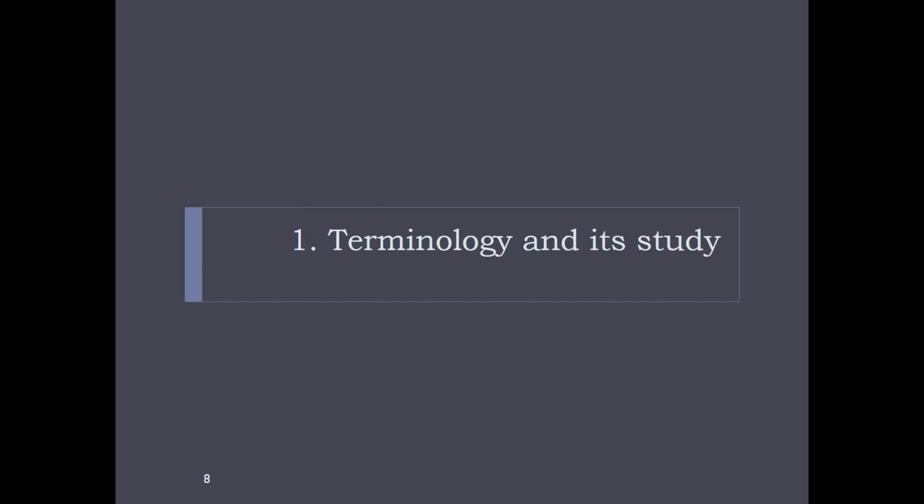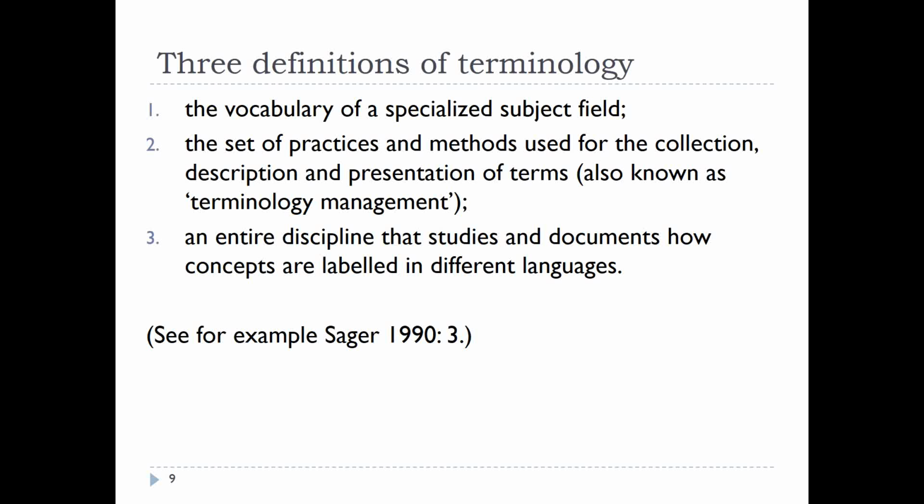So firstly, terminology and its study. So there are three definitions of the word terminology. The first one is the one that I've been using, which is quite simply the vocabulary of a particular specialized field. However, terminology can also refer to the set of practices and methods used to collect, describe, present, store, and indeed retrieve terms.